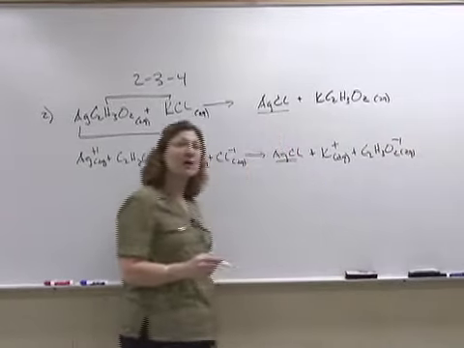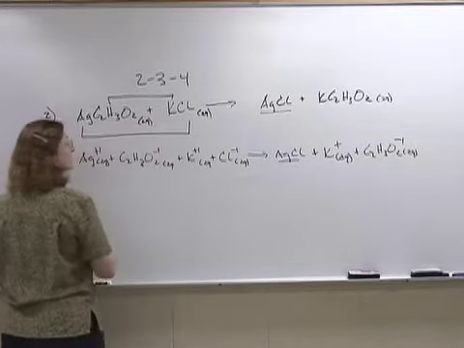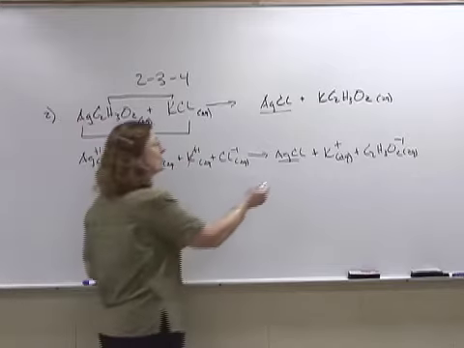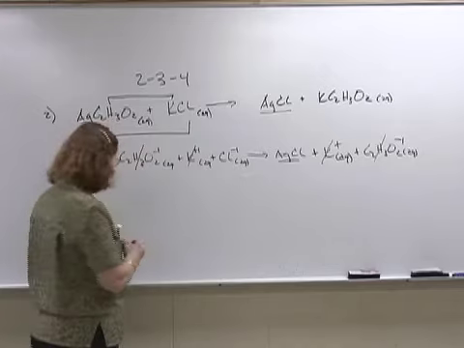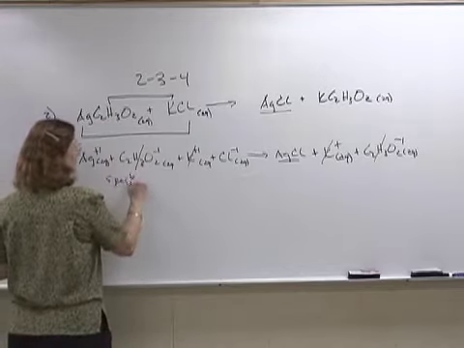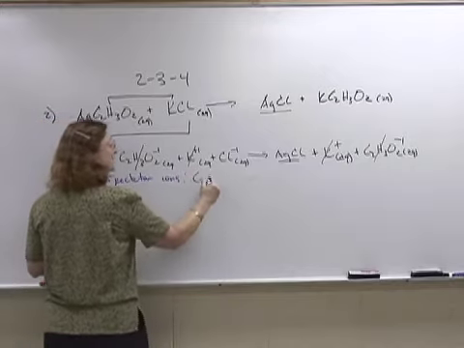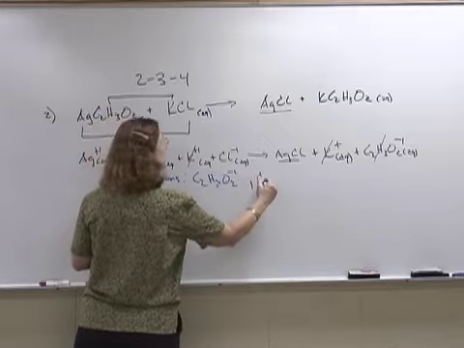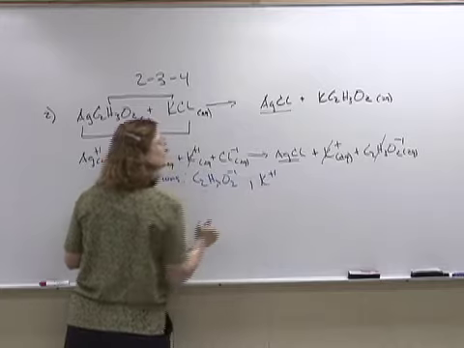And things that are identical on both sides of the equation are my spectator ions. Therefore, my acetate and my potassium are my spectator ions. And I can cancel them out of the equation. Therefore, my spectator ions are acetate and potassium ions.